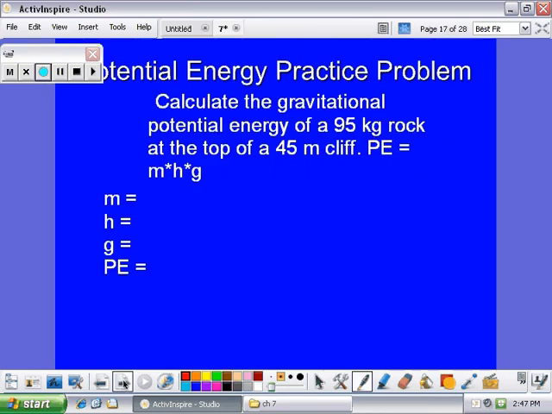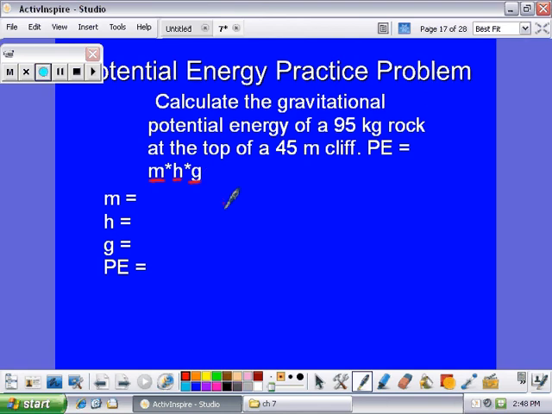So looking at an example, potential energy practice problem. Calculate the gravitational potential energy of a 95 kilogram rock at the top of a 45-meter cliff. Now here it shows you the equation for potential energy is your mass times your height times your gravity.